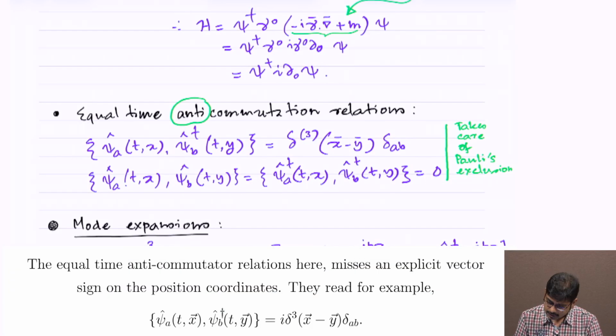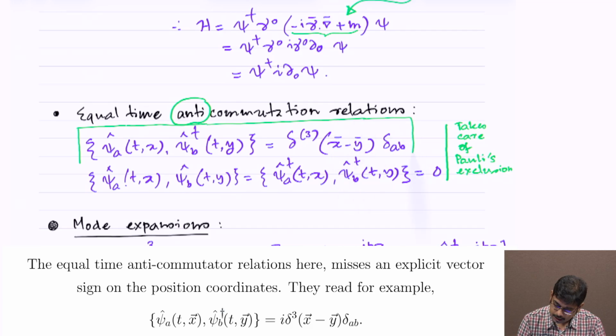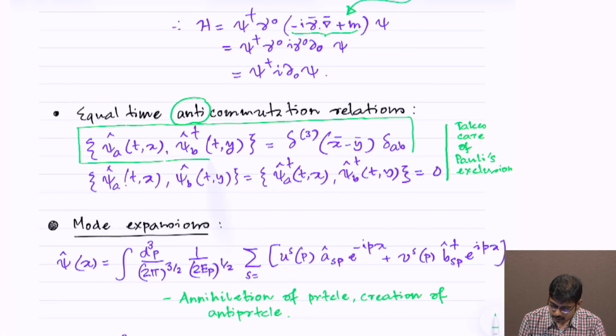Similarly, we impose the anti-commutation relation on these fermionic fields, which is like psi a (t, x), psi b dagger (t, y), that will be essentially given by delta cube of x minus y into delta a b. So, this is the anti-commutation relation between psi and psi dagger.